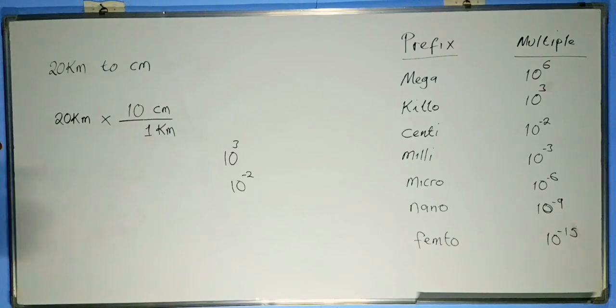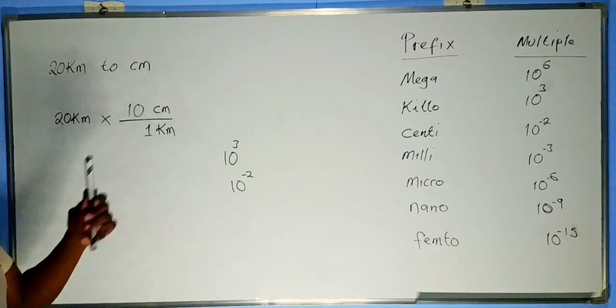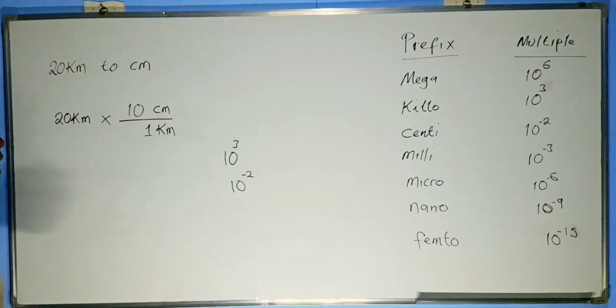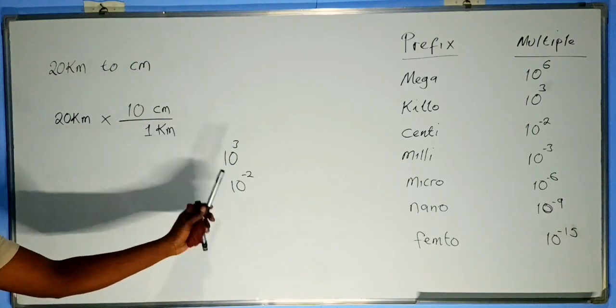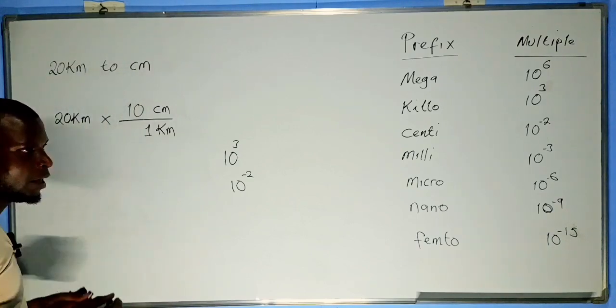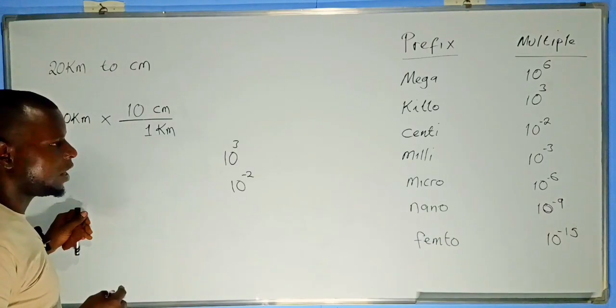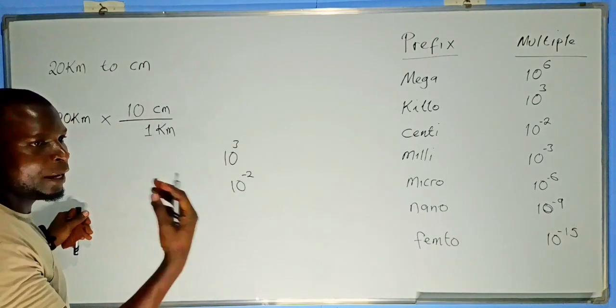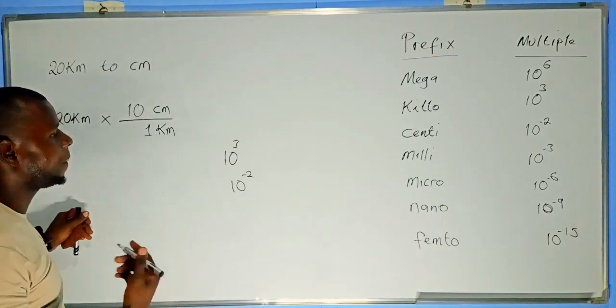How do we get that power that we need to put there? Very simple. All you have to do is look at the multiples for the units you are looking at. In this case, kilo and cent. Kilo is 10 to the 3, cent is 10 to minus 2. All you have to do to get the power there is say between the powers you have, the greater power or the bigger power minus the smaller power.